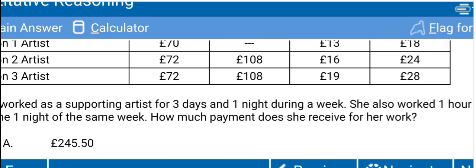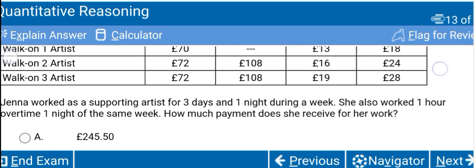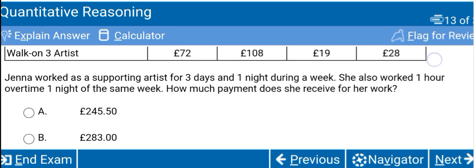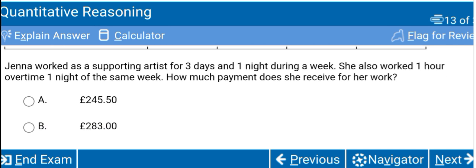There you can see. And the question is, Jenna worked as a supporting artist for 3 days and 1 night during a week. She also worked 1 hour overtime 1 night of the same week. How much payment does she receive for her work?